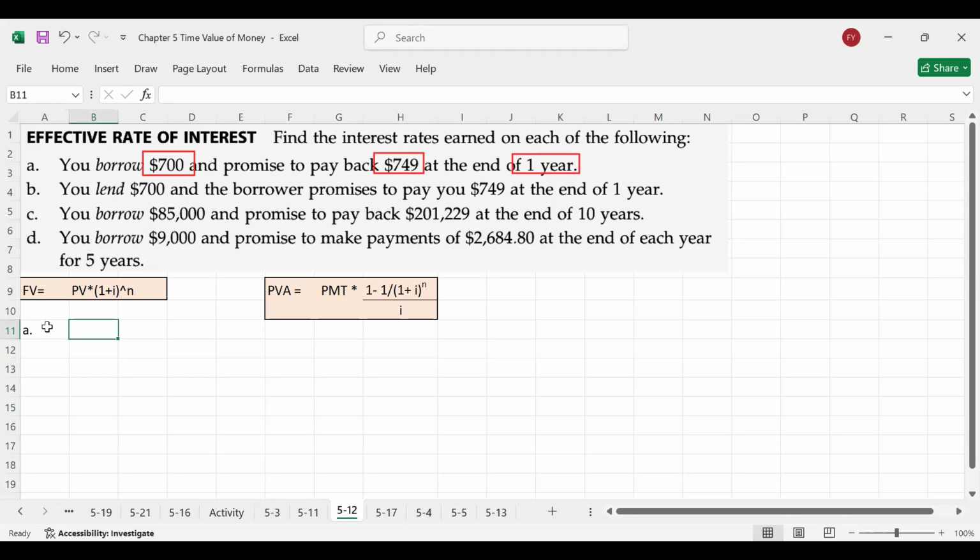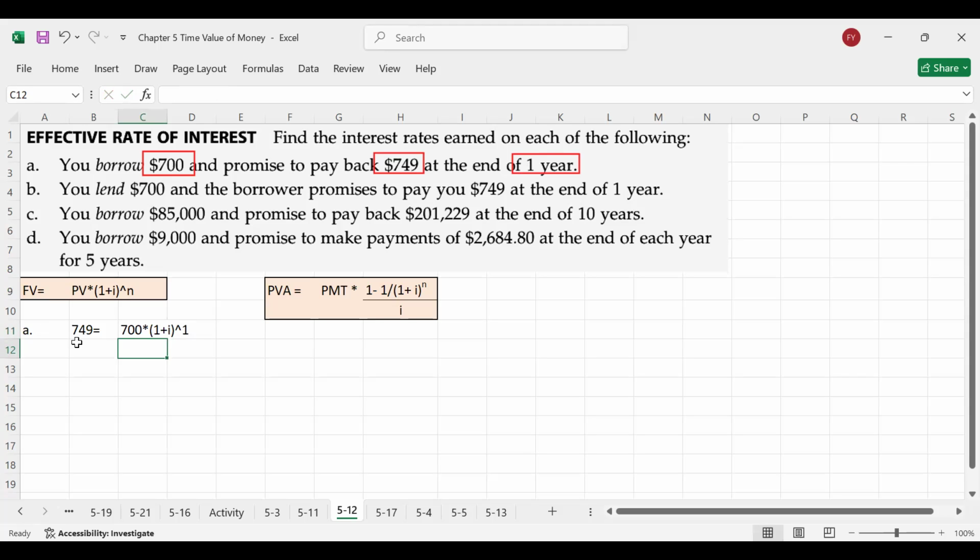Future value is 749. On the other side, we have present value, which is 700, multiplied by 1 plus I. I is not given, raised to the power n, and the time period is 1 year.